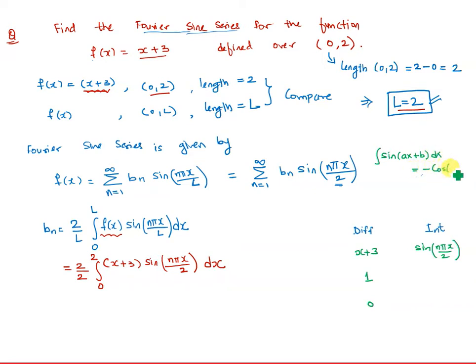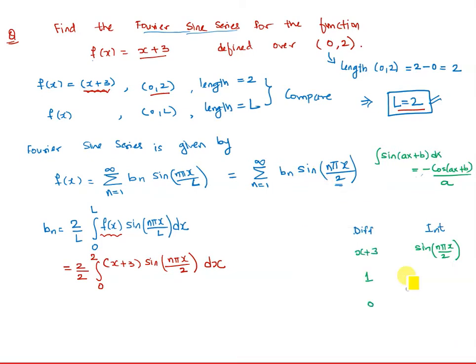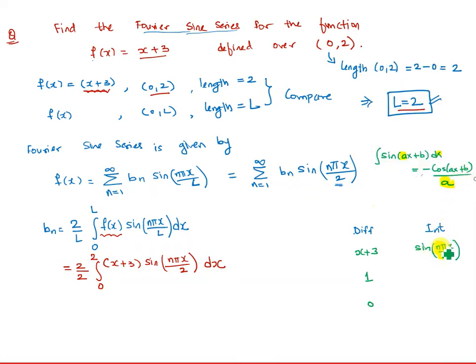Minus cos of ax plus b divided by a. So for sine it becomes minus cosine and we are dividing it with the coefficient of x because we are integrating with dx. So here also we divide with the coefficient of x, which is here n pi over 2. It's not a number just like that, it's like n pi by 2.